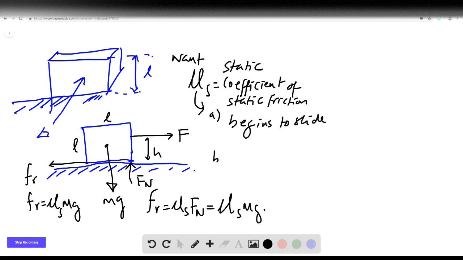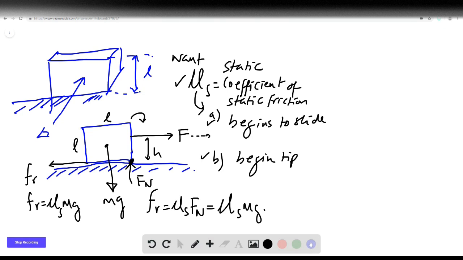And then in the second part of the problem, we're assuming that the block will begin to tip. Since the force is moving that way, if it tips, it's tipping in a clockwise direction. So we want to compute the coefficient of static friction for these two cases.